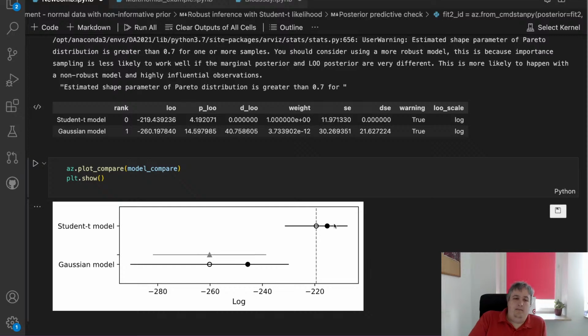So this gives us information that we have some uncertainty for this model about where the value of the estimated out-of-sample behavior lies, but in large consistency we can see that the student model is preferred.